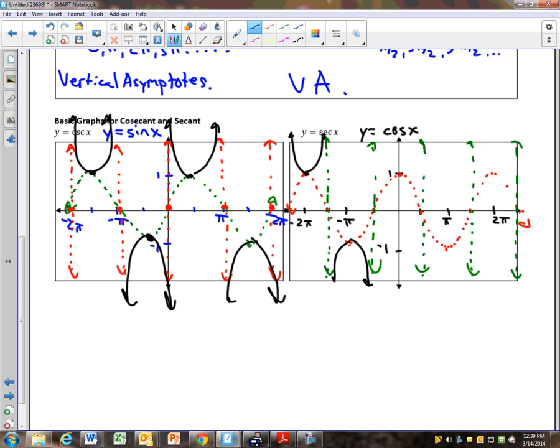You just draw your U-shapes at the maxes and the mins.